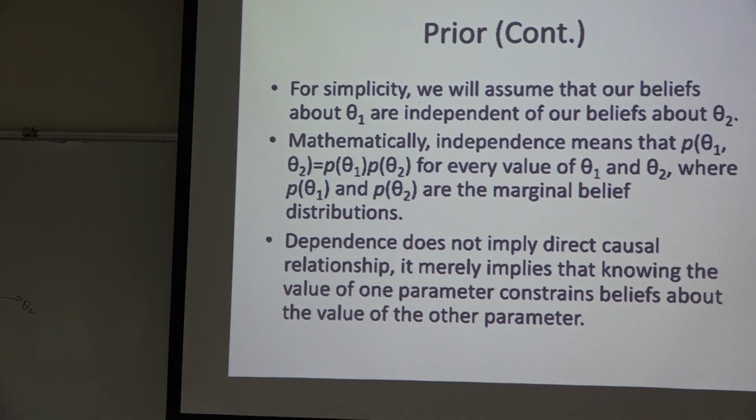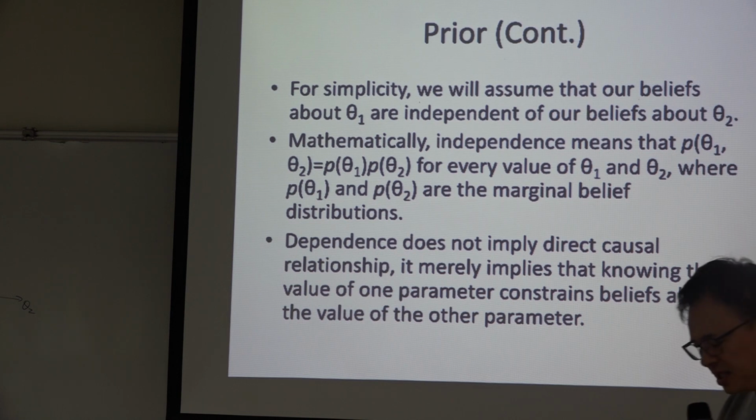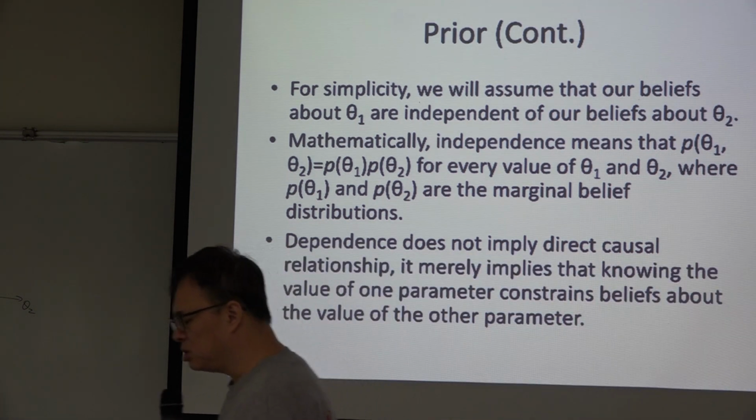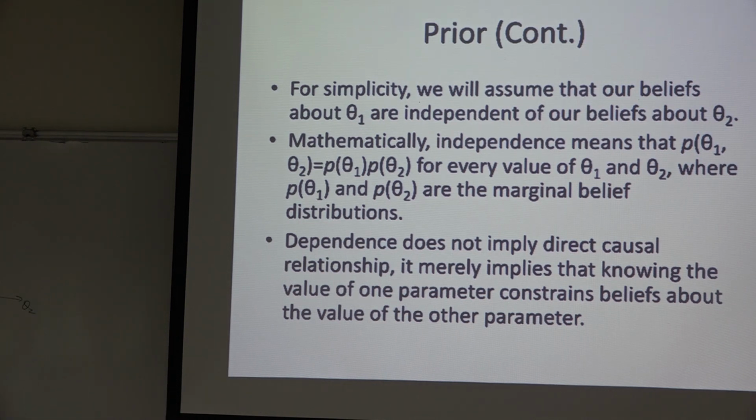So for simplicity, we will assume that our beliefs about theta 1 are independent of our beliefs about theta 2. So in other words, probability of theta 1 and probability of theta 2 are independent. So we can say the joint probability of theta 1 and theta 2 will be the product of p theta 1 and p theta 2, because they are independent. I think we already discussed the definition of independence previously, when we introduced the joint probability.